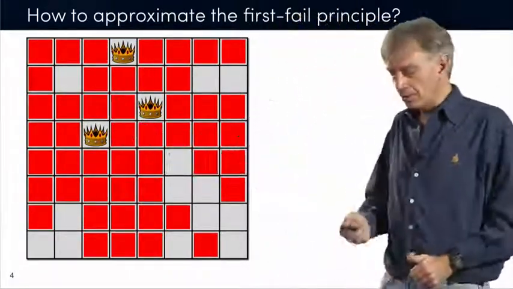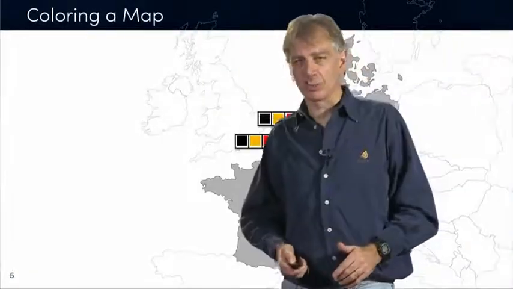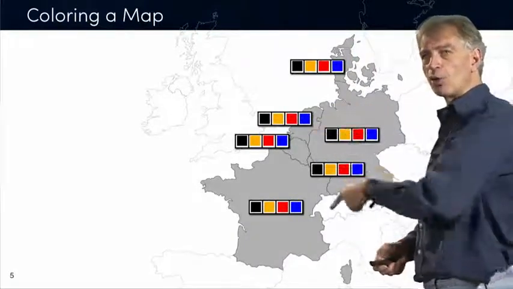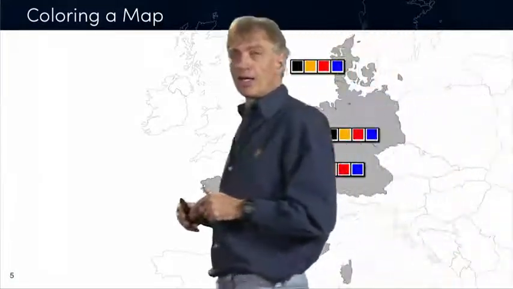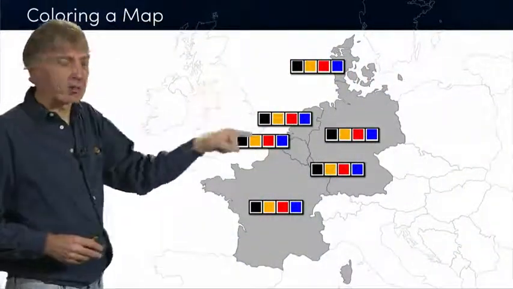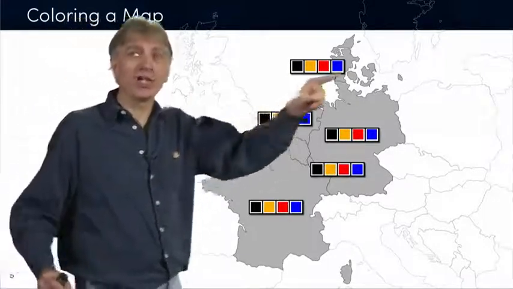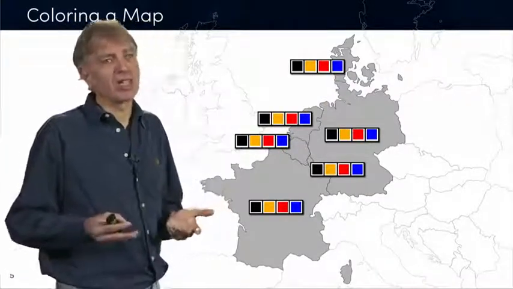Now, sometimes all the variables have the same set of values at the beginning. This is what we see in this particular graph coloring example. At the beginning, I can use all the colors for all these countries. So which one do I start with? I can say I'm going to start with Denmark. But Denmark, in this particular case, is easy.